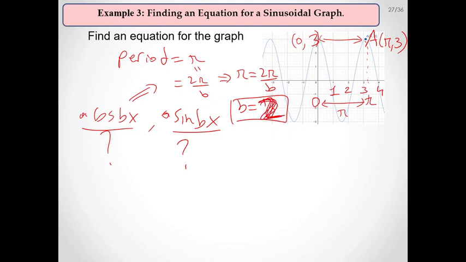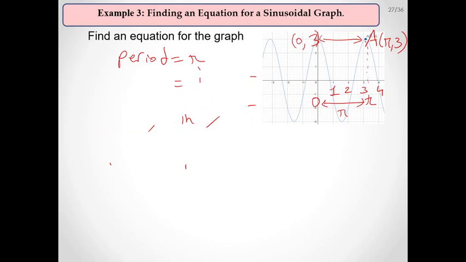Then you can do the calculation. Now, after getting b, you can decide which function it is.